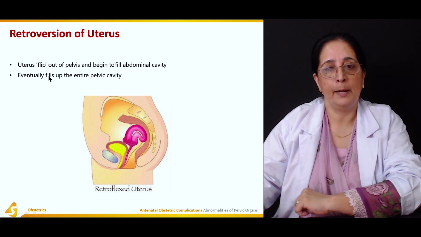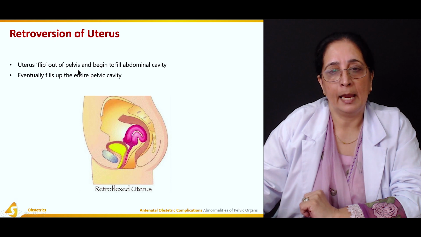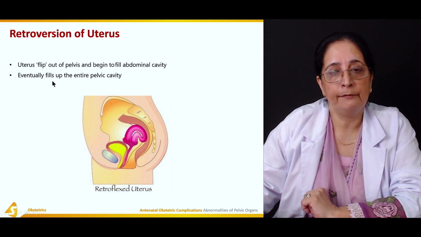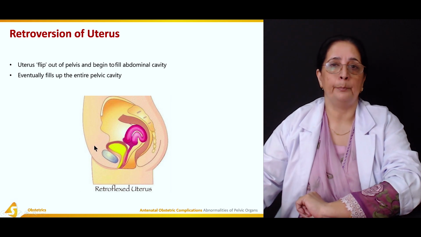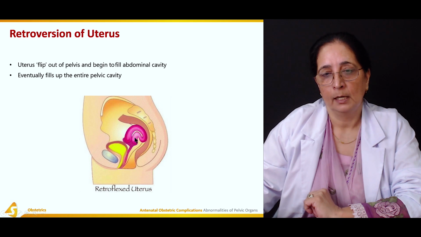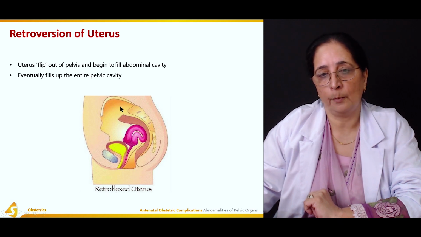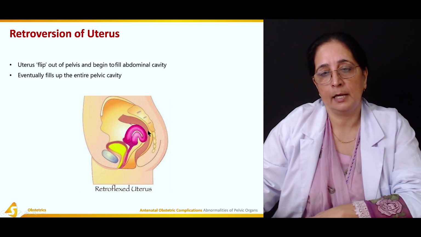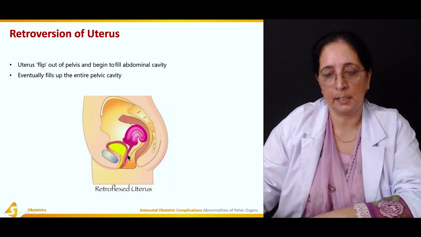So it flips out of the pelvis and begins to fill the abdominal cavity and eventually fills the entire pelvic cavity. So this is retroflexed uterus. Instead of growing up, it starts going downwards, flips out, and starts growing towards the rectum.